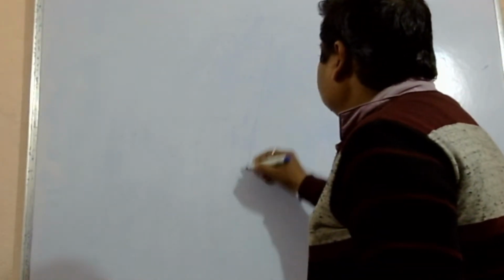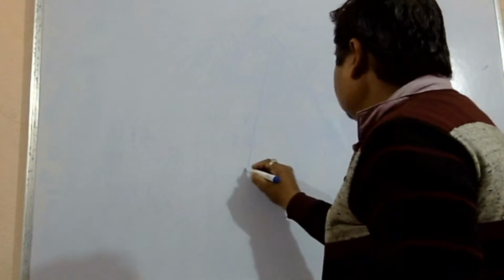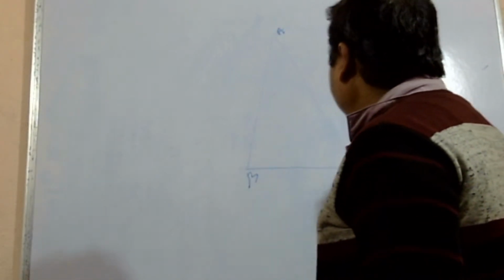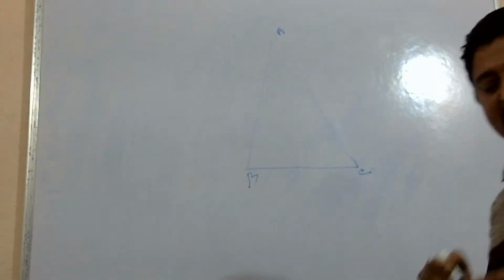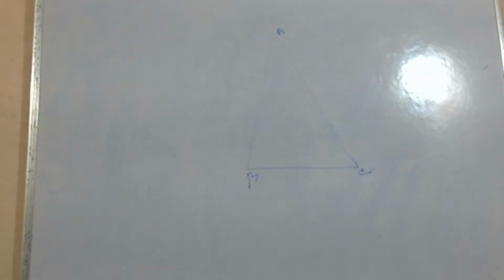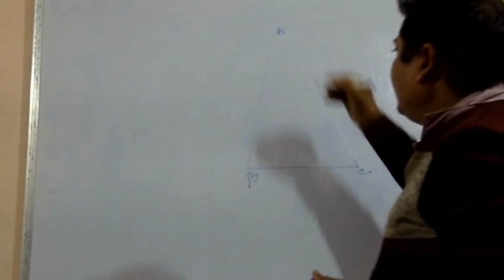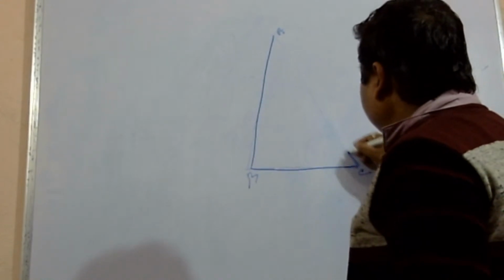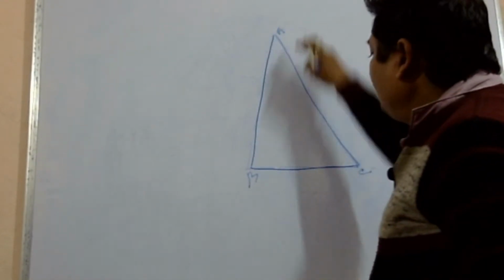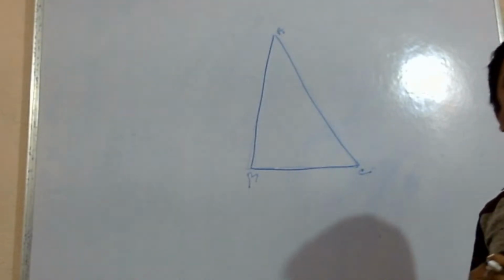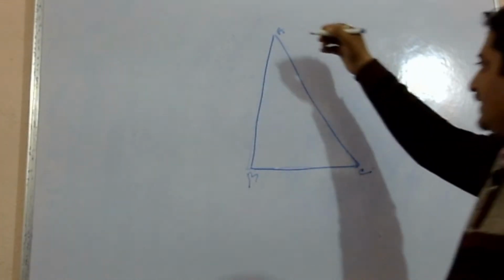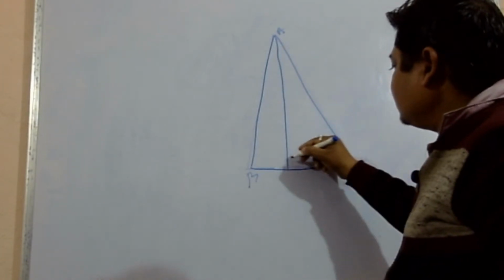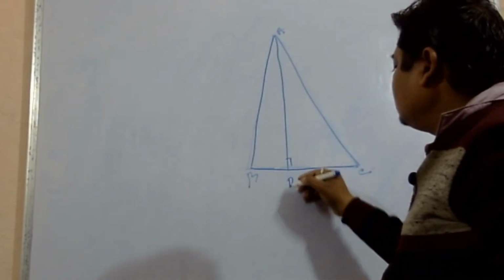Now here you see ABC is a triangle. A point, B point, C point are its vertices. From a vertex, the perpendicular line to its opposite side is known as altitude.